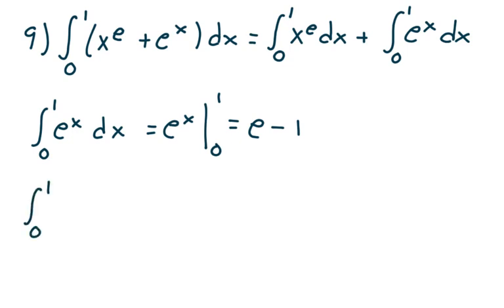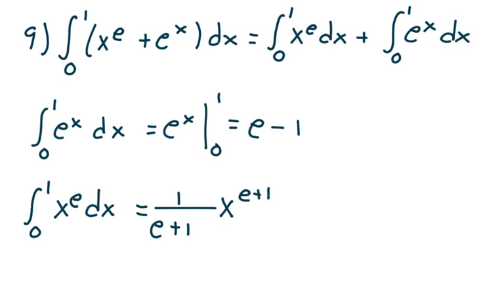Now I get the integral from 0 to 1 of x to the e dx. You have to be careful in this because e is a number. And so here I get 1 over e plus 1 times x to the e plus 1, evaluated from 0 to 1.